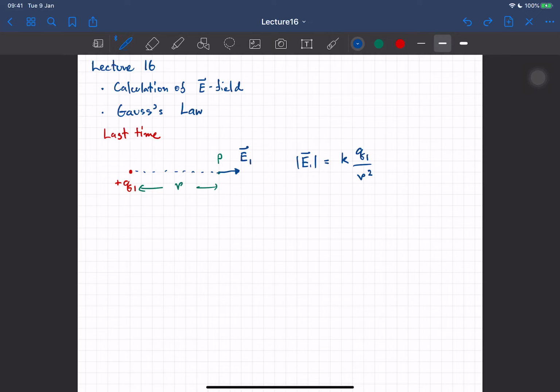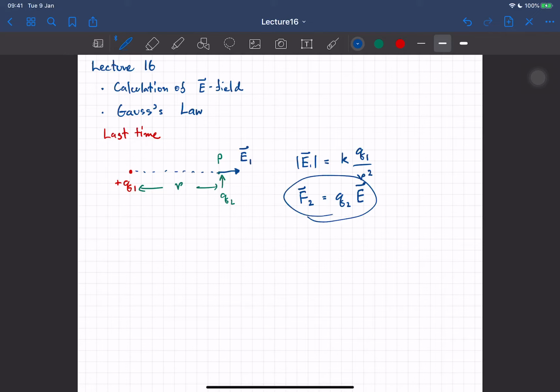And if we want the force on the second charge, let's say you put the second charge here, Q2, right? So what do you do then? Well, the force on Q2, F2, is just Q2 times the electric field at that position.